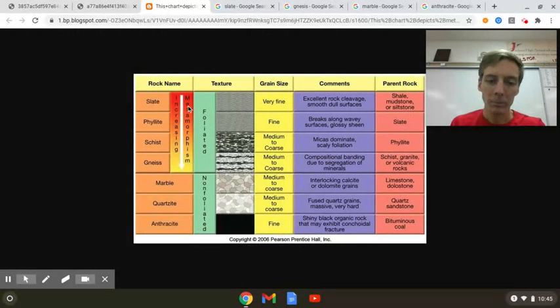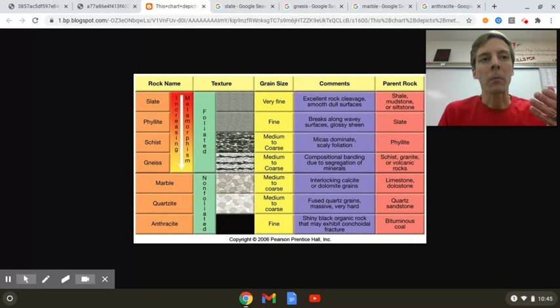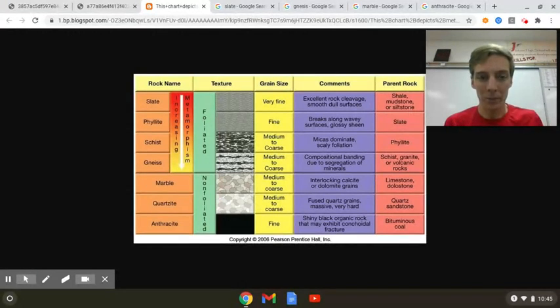Here we go. So what we have: shale, mudstone or siltstone, very fine. We're going to classify again based on foliated and non-foliated. Foliated is layered. Non-foliated is rock without banded textures.